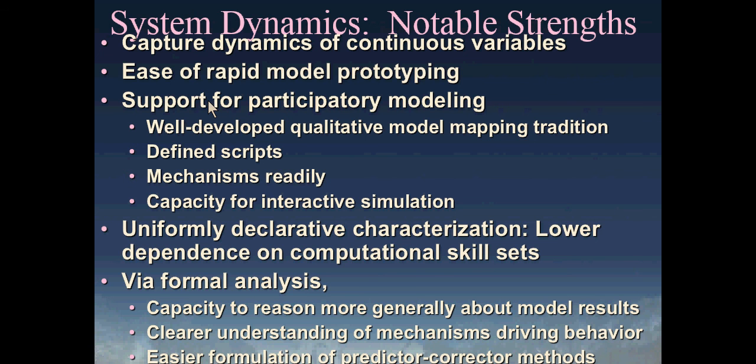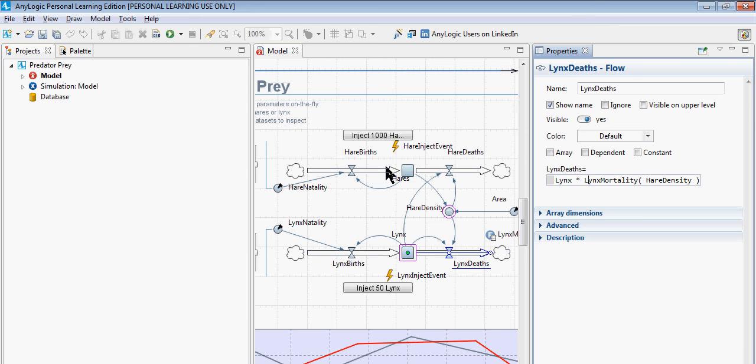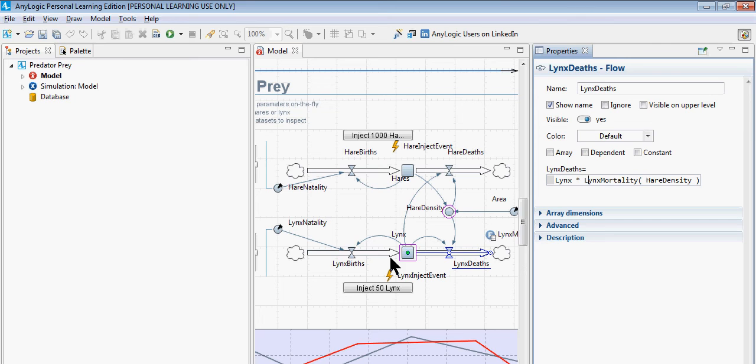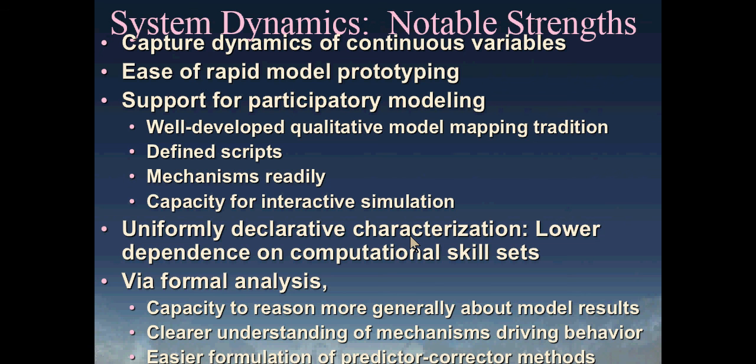And one very nice feature of these models is that you can use them with very powerful analytic mechanisms very easily. So a couple of notable strengths here before we go on to the other types of modeling. It allows us to capture continuous dynamics, dynamics involving continuous quantities that are specified not in discrete numbers but in changes over time. It allows us to build a model very quickly. It supports interaction with stakeholders. And you can specify what you want to see in a model in a quite declarative way with minimal programming.